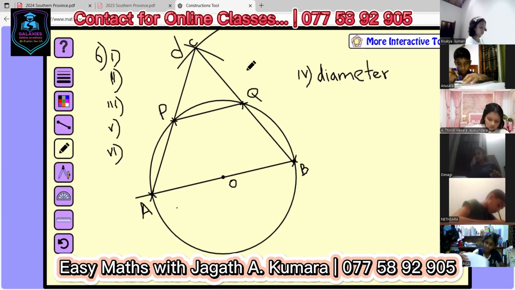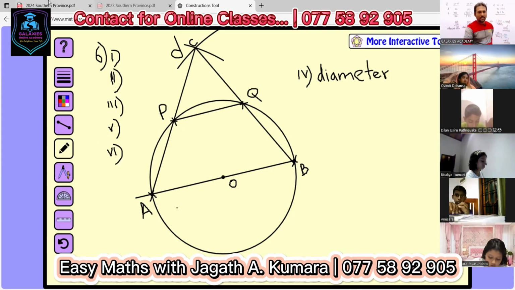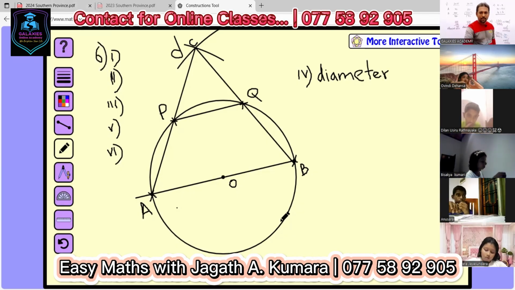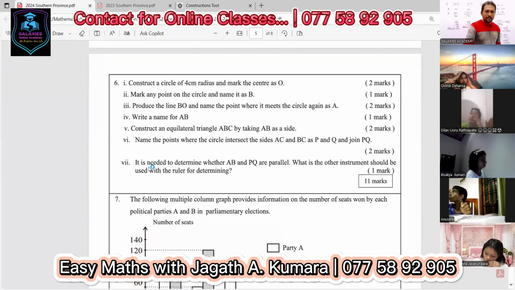Right, then another one subpart given, no? Right, lot of subparts. Can you understand these parts? Are you clear? Like this you have to do the construction questions. Okay, right. Then last one given is: it is needed to determine whether AB and PQ are parallel.